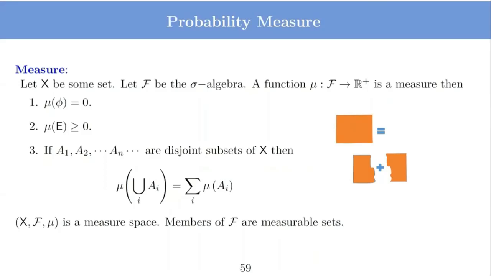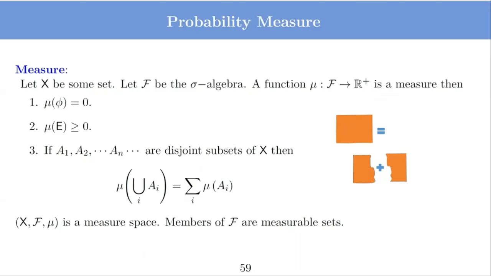If there is an element in F, it means you know its measure; you just apply mu to it. Because mu is a function from F to R plus, it needs to be defined for every member of F. If you take any element in F, the measure needs to be defined, and once we know the measure of it, we say the set is measurable.